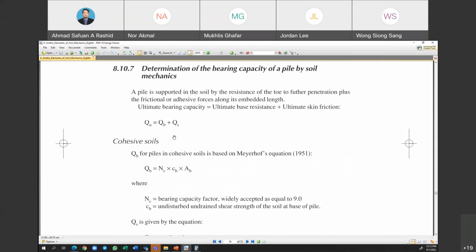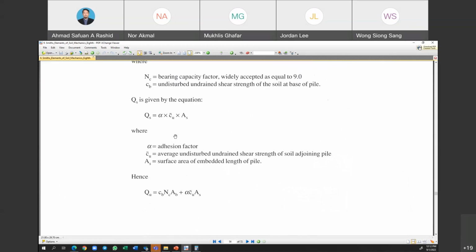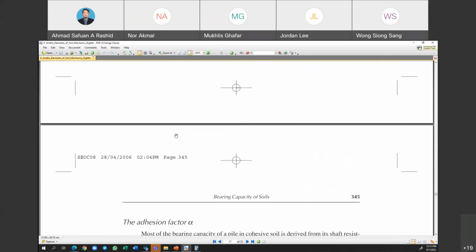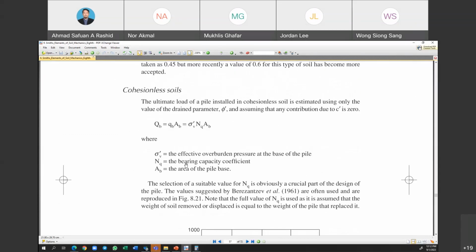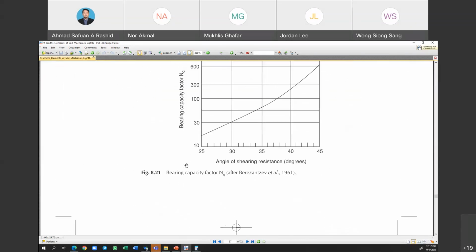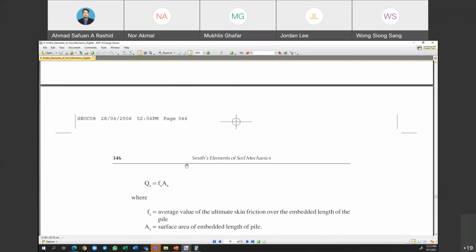Qu, Qv. So this is based on the alpha approach, on the considered soil, or in EC7 we refer to it as drained material, angle of shearing resistance.